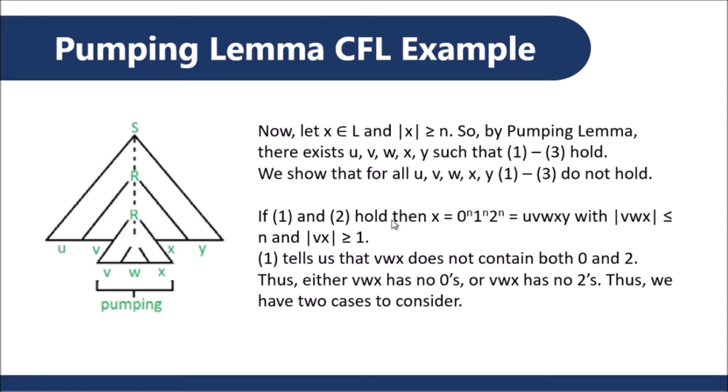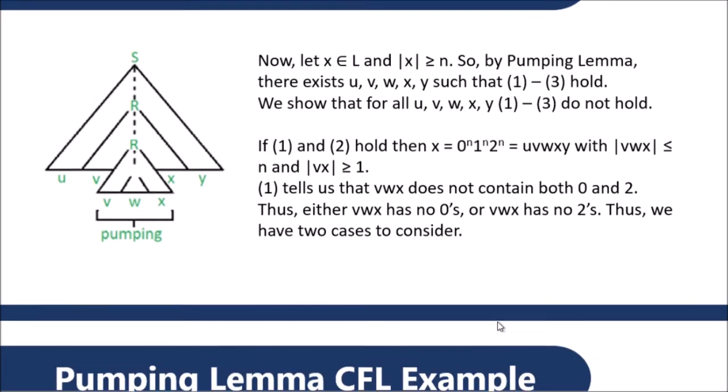If 1 and 2 hold, then x = 0^n 1^n 2^n = uvwxy with the length of vwx less than or equal to n and the length of vx greater than or equal to 1. Condition 1 tells us that vwx does not contain both 0's and 2's, so either vwx has no zeros or vwx has no 2's. Thus, we have two cases to consider.